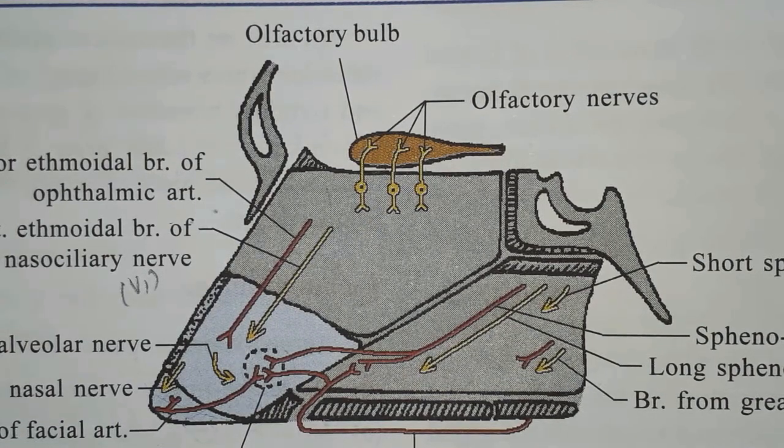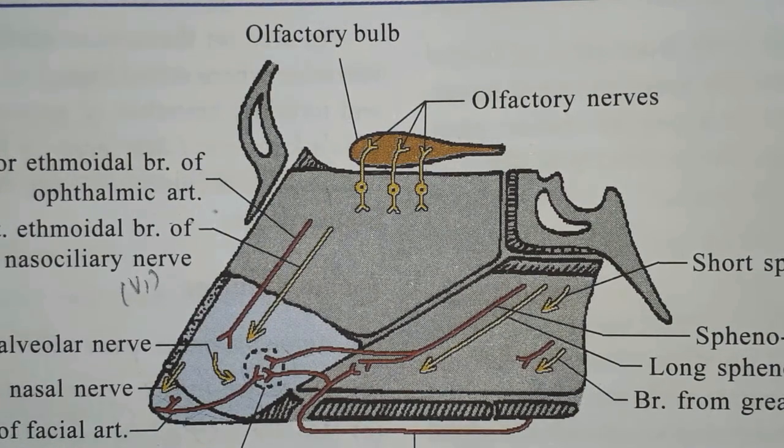You may see that in some small kids, those who poke their nose, they might damage the skin and the mucous membrane lying over these arteries, and they bleed profusely. So in that case, we should pinch the nose and tilt the head forward, and you can also apply some ice for the nose. This will help in easy clotting of the blood. So this was the arterial and the nerve supply of the nose.